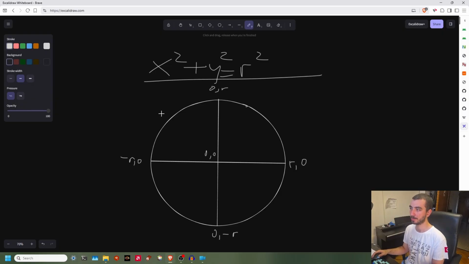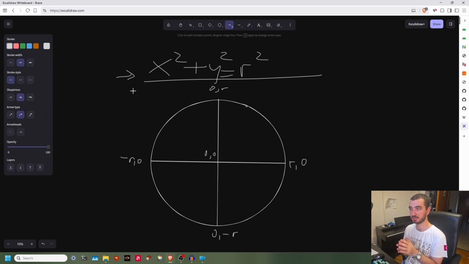So what we're going to be doing is drawing each pixel of this circle one by one. And to do that, we're going to be taking advantage of this equation. So first, let's get the x position of each pixel.